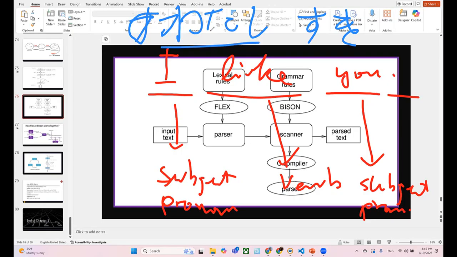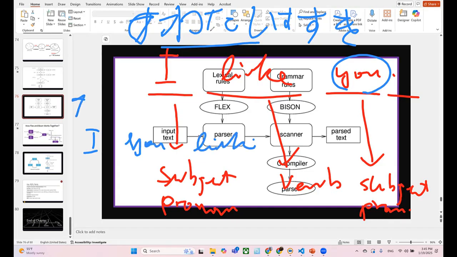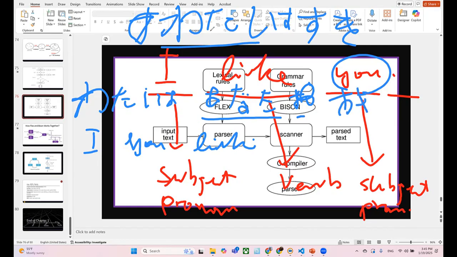Okay, watashi wa. It's actually, you need to translate watashi wa first, so it's an I, you, like structure. It actually is watashi wa anata, anata is you, suki desu. Suki is like.